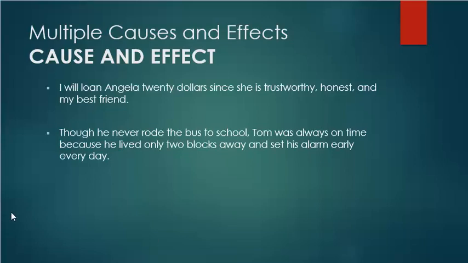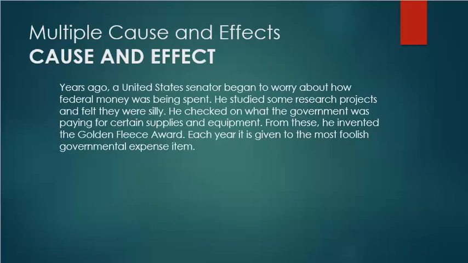Good for Tom. Now I'd like you to take a look on this on your own. This is a longer paragraph. I'd like you to write down information that you believe is a cause, and then what is the effect.